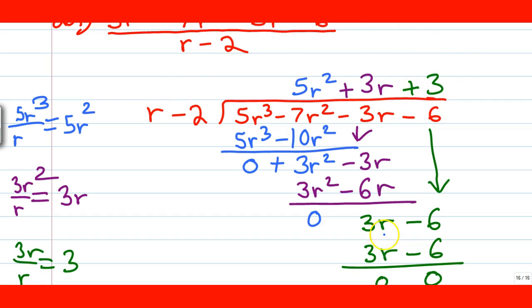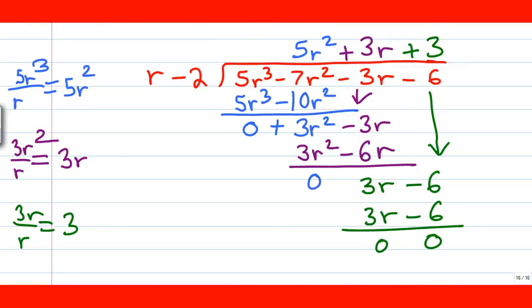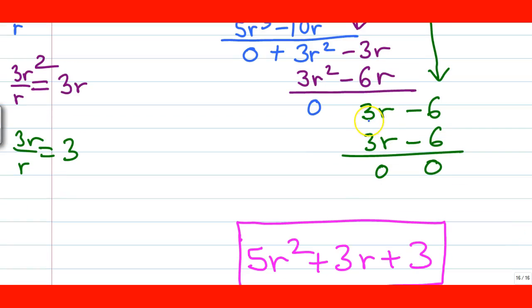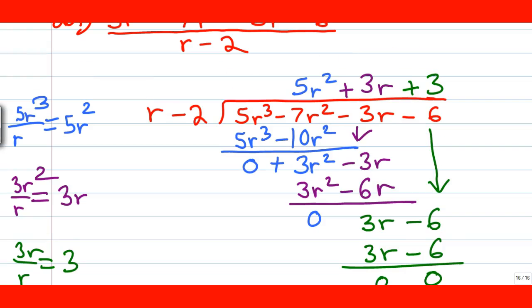So 3 times r to make my 3r, 3 times my negative 2 to make a negative 6. I check that first position, 3r minus 3r made a 0. I'm good there. Now I come over to see if there's going to be any remainder. I have a negative 6 minus a negative 6. So this is going to be a negative 6 plus 6, which results in 0. I don't have a remainder on this one.